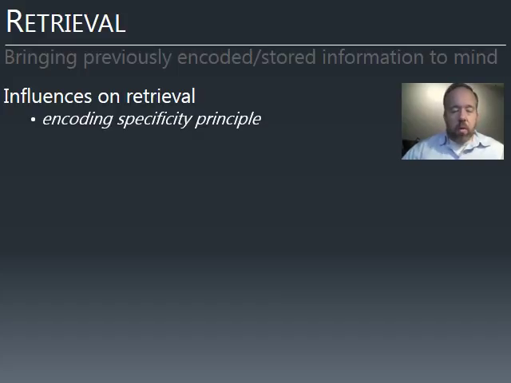And when they were underwater, they were better at retrieving those words that they memorized when they were underwater. And so this is about the external context. If the so-called cues that cause you to retrieve information match the context in which you're trying to retrieve the information, you'll be much more successful.